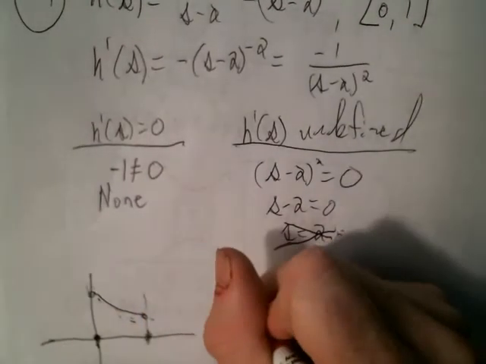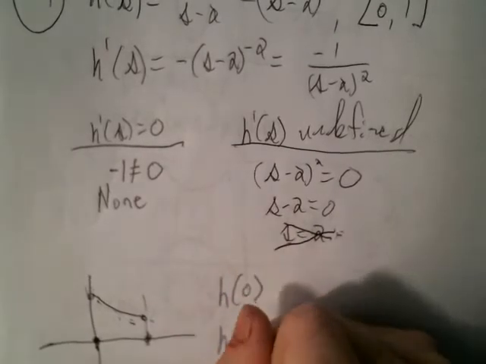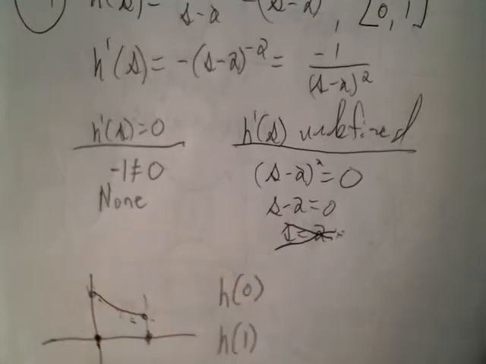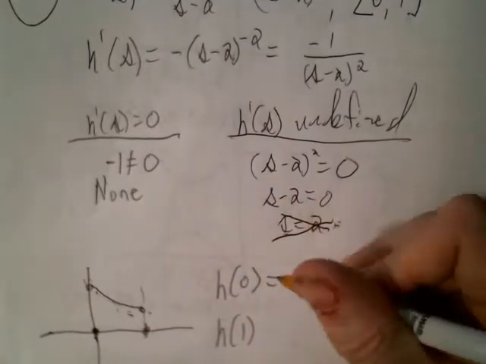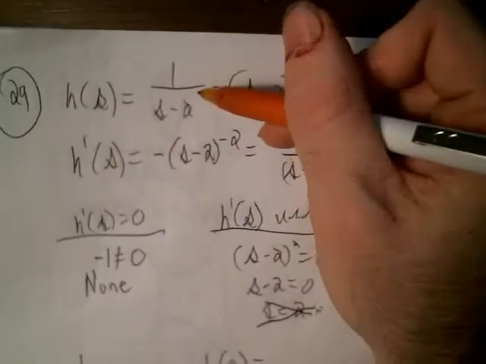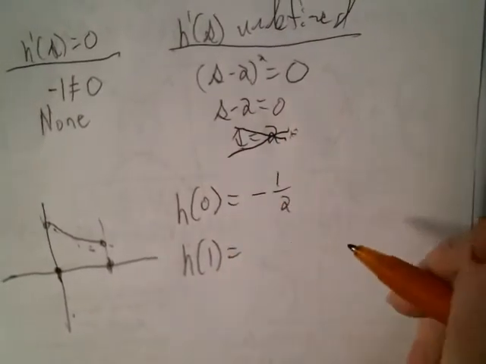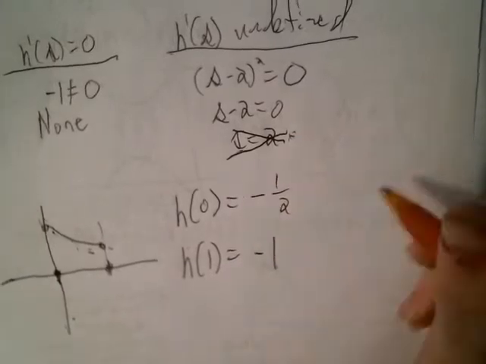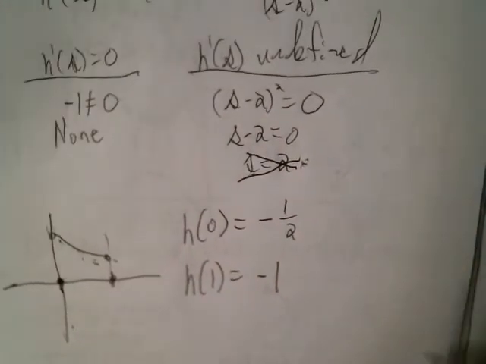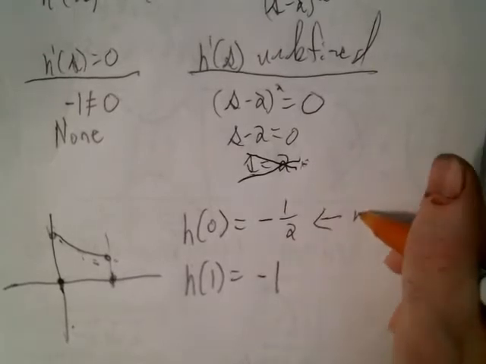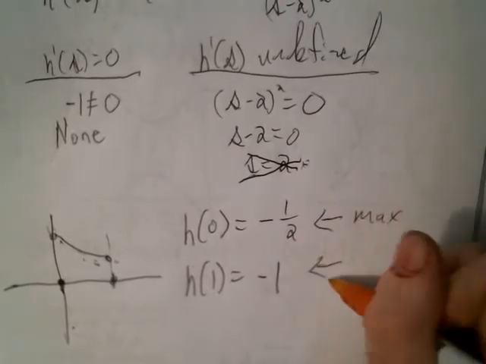Let's see, I have to check h of 0 and h of 1. There are no critical numbers to check this time. Going back to the original equation, plugging 0 in gives negative 1/2. Plug 1 in and you get negative 1. Certainly I got what I needed. This is the max, and this is the min.